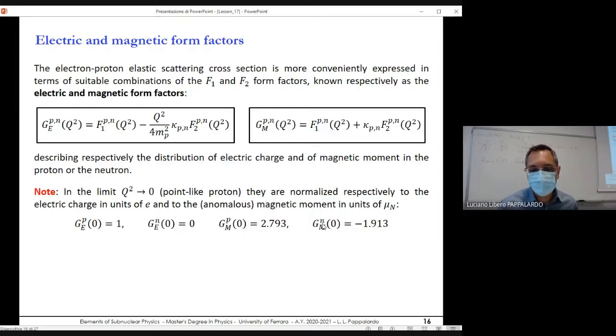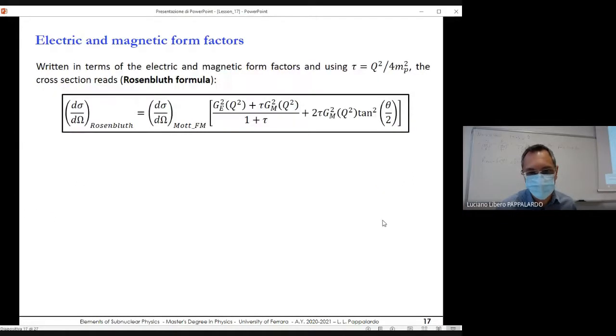And for the magnetic moment, this corresponds to the anomalous magnetic moment of the proton and of the neutron, when you are very far away, so at very low spatial resolution. So now we can rewrite our cross-section in terms of these electric and magnetic form factors, and this is called the Rosenbluth formula, which takes this shape here.